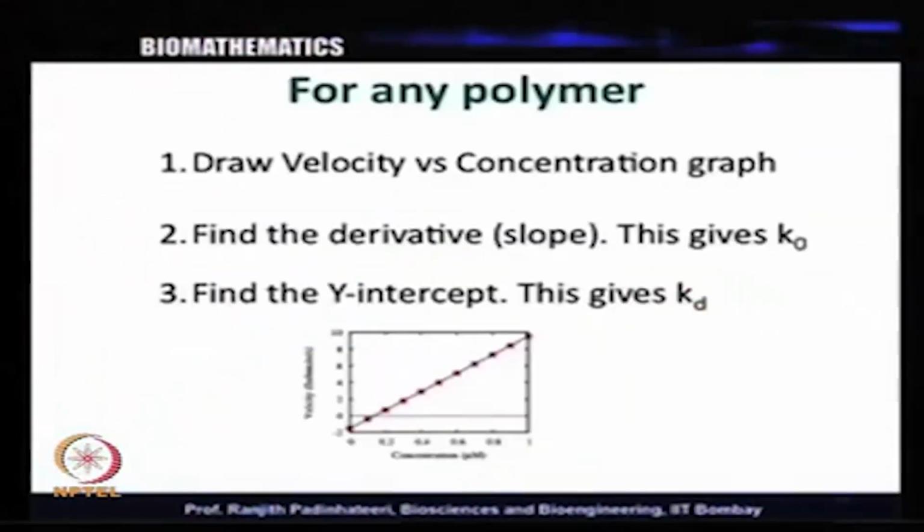We drew it for actin, and we can see how it would look for another filament. Let us quickly understand for actin from whatever we learned, and look at the values of K0 and Kd for actin. For any polymer, what we can do experimentally is draw the velocity versus concentration graph, find the derivative, which gives you K0, and find the y-intercept, which gives you Kd.